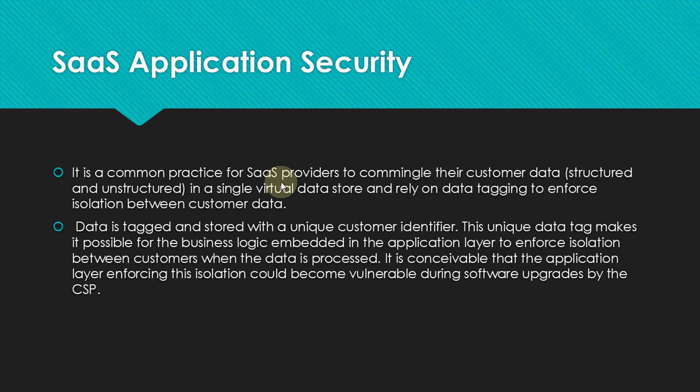Data is tagged and stored with a unique customer identifier. This unique data tag makes it possible for the business logic embedded in the application layer to enforce isolation between customers. When the data is processed, it is conceivable that the application layer enforcing this isolation could become vulnerable during software upgrades. Actually, you have data of a certain customer, and that data is attached to the customer with a certain ID.